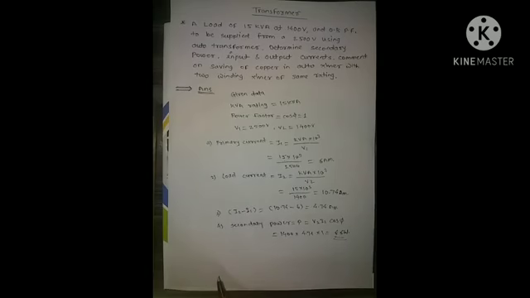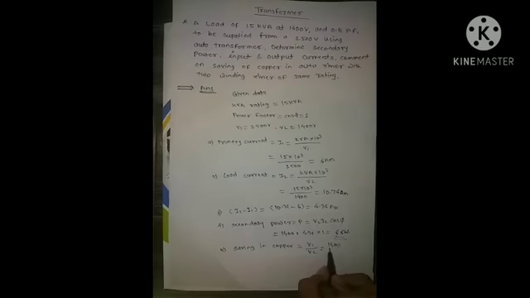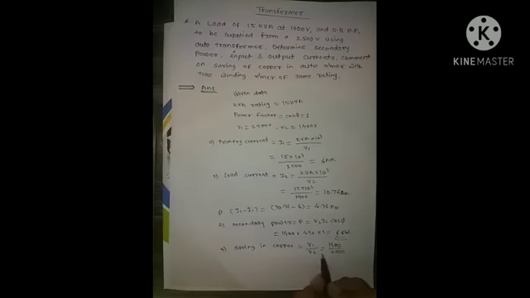After that, last is the saving in copper. The saving in copper, what we have to do here? We have to use the formula V1 upon V2, equals 1400 upon 2500.